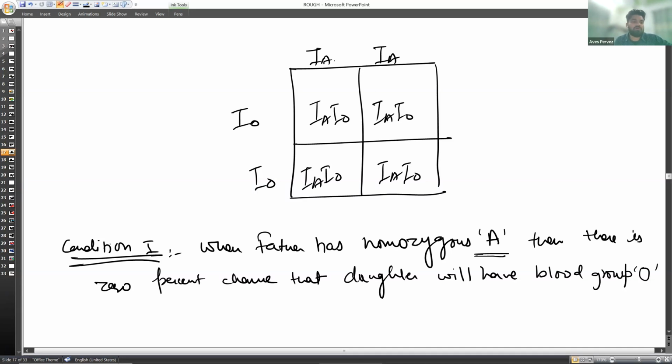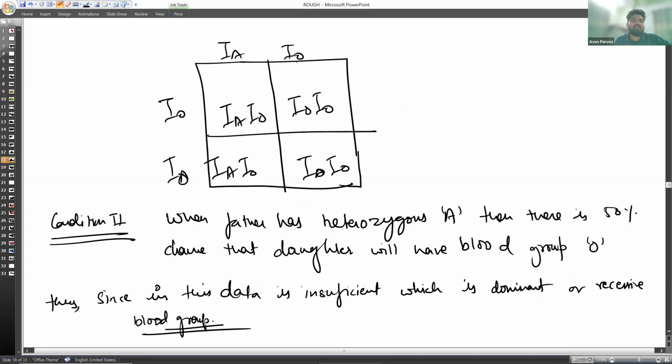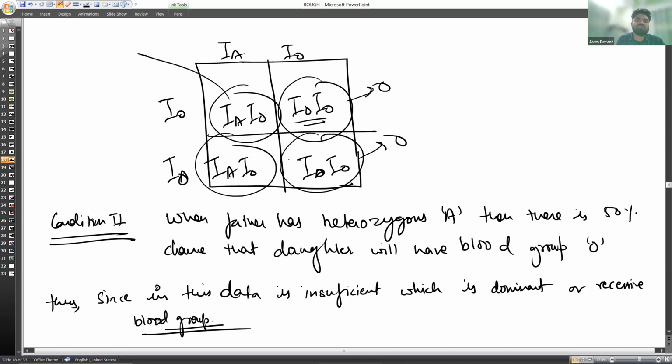Next, if the father is heterozygous, you will notice here IA and IO, and IA and IO. When these meet together, we get IAIO, IOIO, then IOIA, IAIO. Two of these give you blood group O, and the other two give you blood group A. So there is a 50-50% chance.